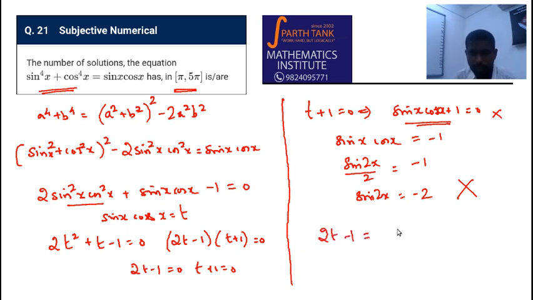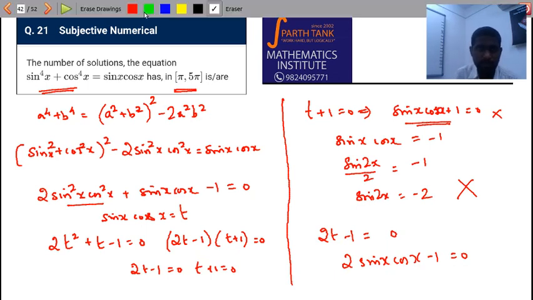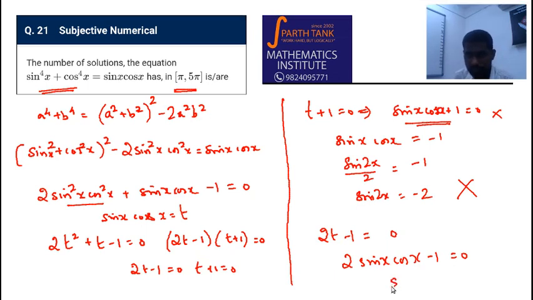What happens to the next one? 2t minus 1 is 0, means 2 sin x cos x minus 1 is 0, and this 2 sin x cos x can easily be written as sin 2x, right? So I can write this as sin 2x minus 1 is 0.